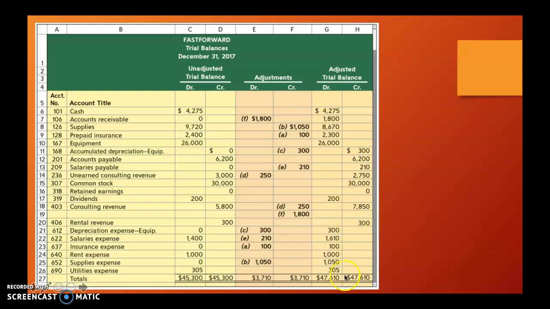And again, in the unadjusted trial balance, 47,610, 47,610. If these amounts in any of these do not match up, that is an indication that you've done something wrong, or one of your additions or subtractions did not go through, or you just forgot to add one of these or missed something. So that is a good check.